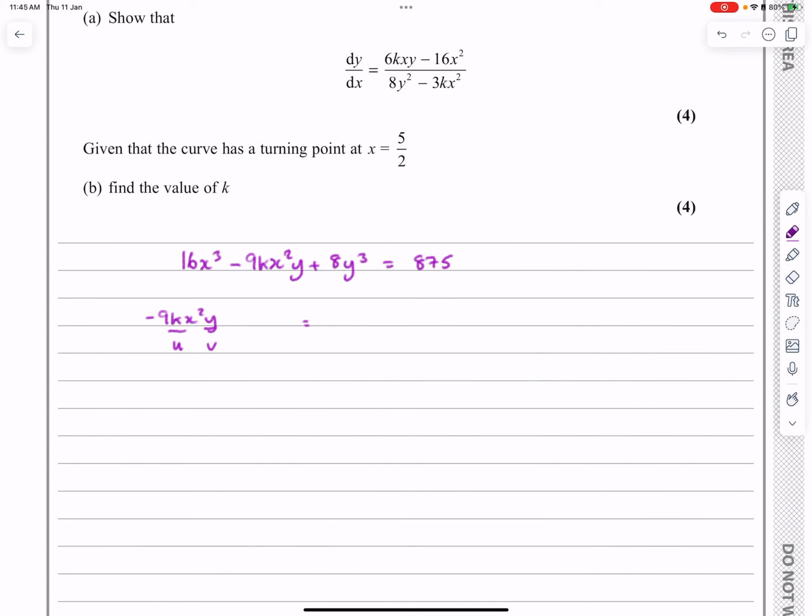So I'm going to do it quite quickly even as a product. u is minus 9kx squared. u dv by dx then is the differential of this second one, so it's the differential of y, so it's dy by dx.